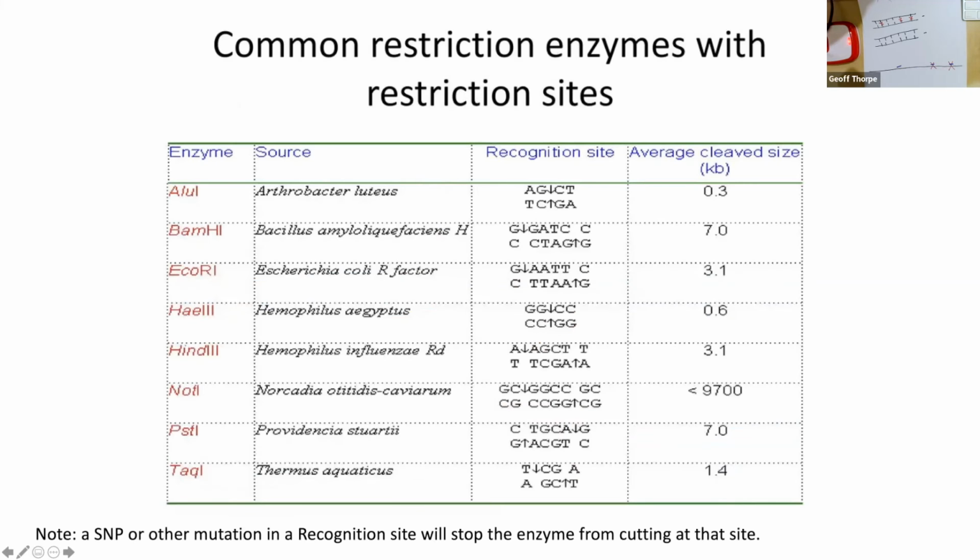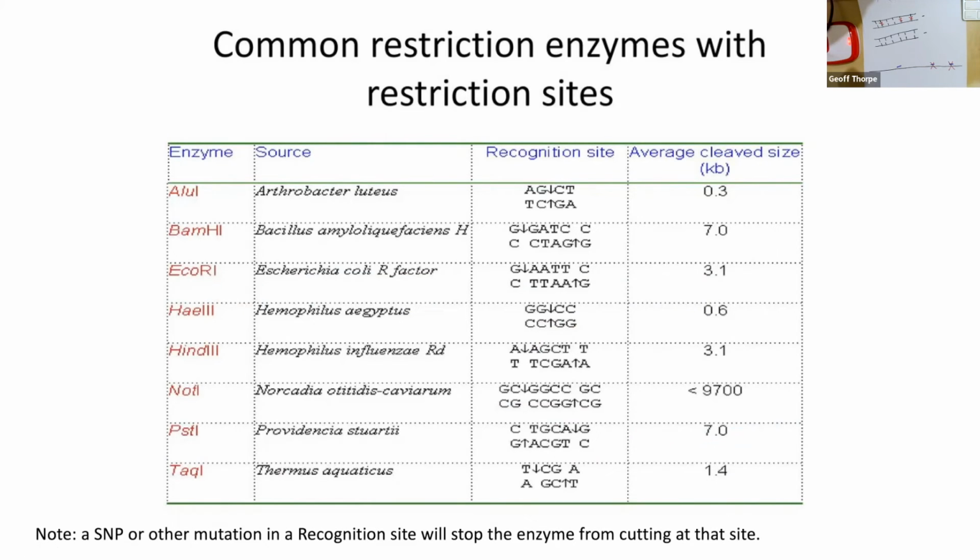For the next one, again, you don't need to know this detail or remember it, but I'm showing you that scientists can build up a library of different restriction enzymes. These are all enzymes from different bacteria, and each one has its own little sequence that it will cut at. Once scientists have built up a big library of different enzymes, there's a good chance they can find one to cut where they want.